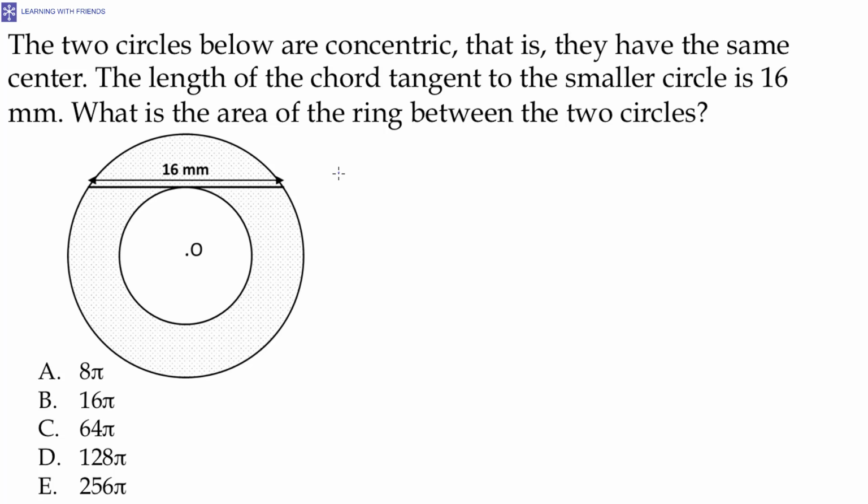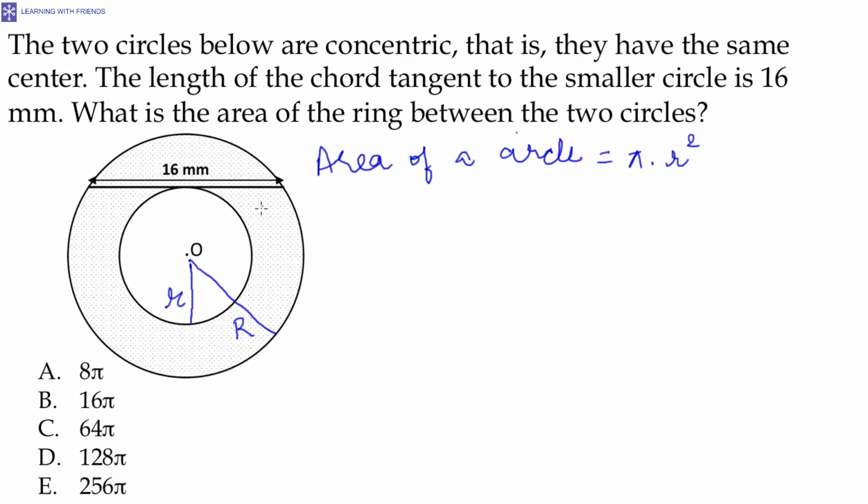Now in general, what is the area of a circle? The area of a circle is given by pi times r squared, where r is the radius of the circle. So if I have to find the area of the shaded area between the two, let's say the big radius is capital R for the big circle, and the small radius is small r for the small circle.